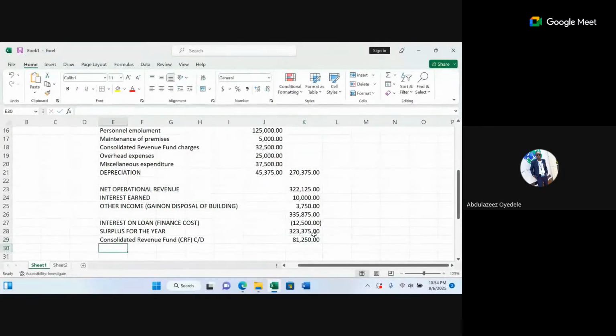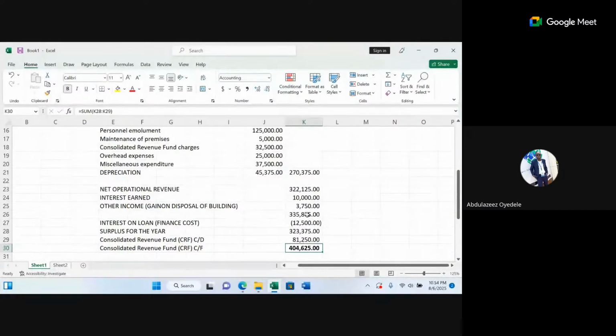And then we have consolidated revenue fund carry forward. It will now be the sum of the two, and that will give us 4,625,000. Okay.